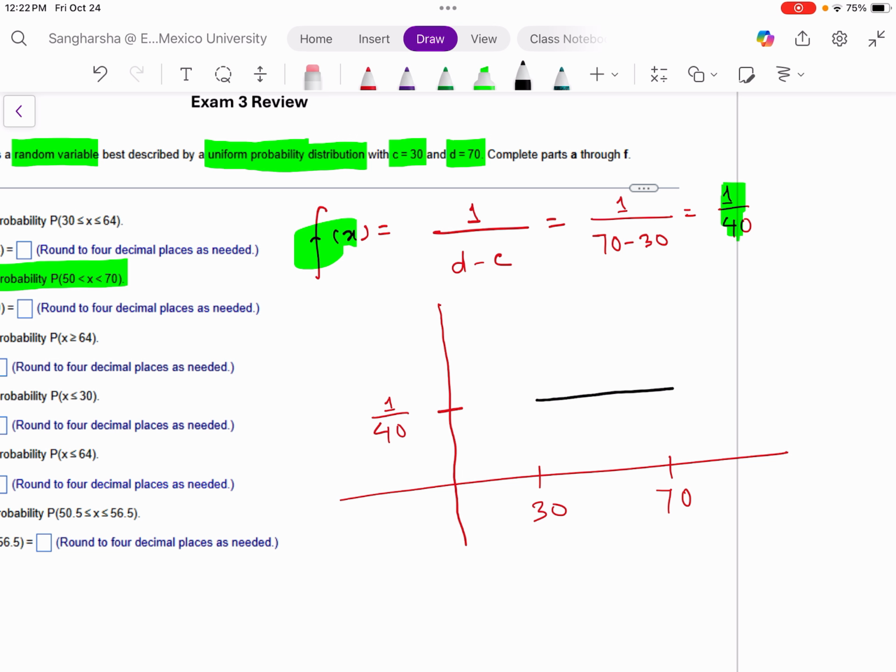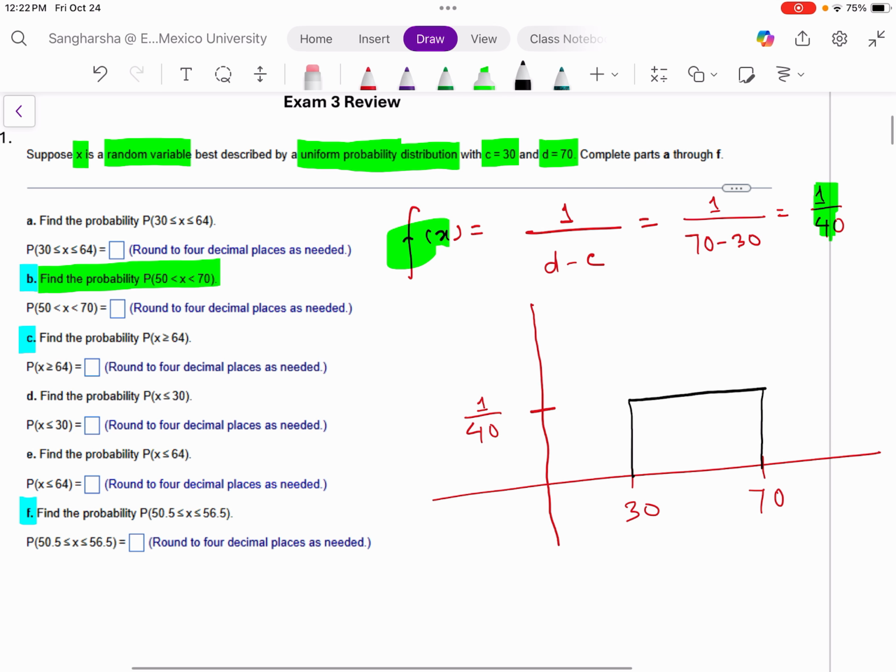This is the uniform probability distribution. We draw a vertical line at 30 and a vertical line at 70. So here we have a rectangular shape, and this is our uniform probability distribution.